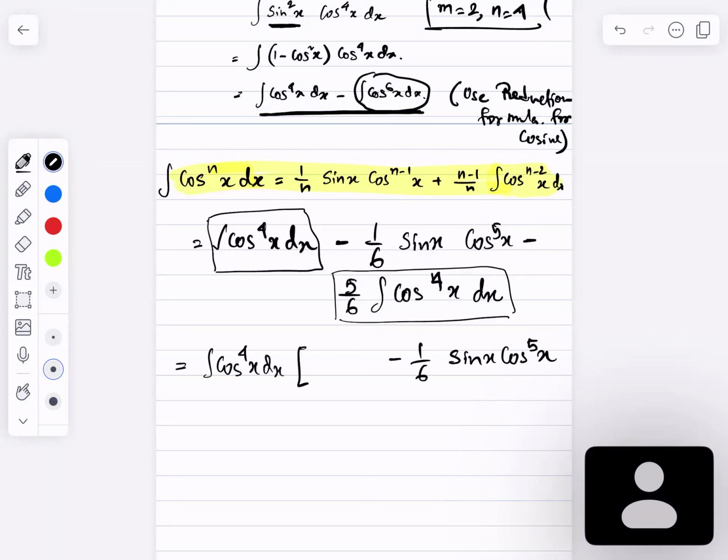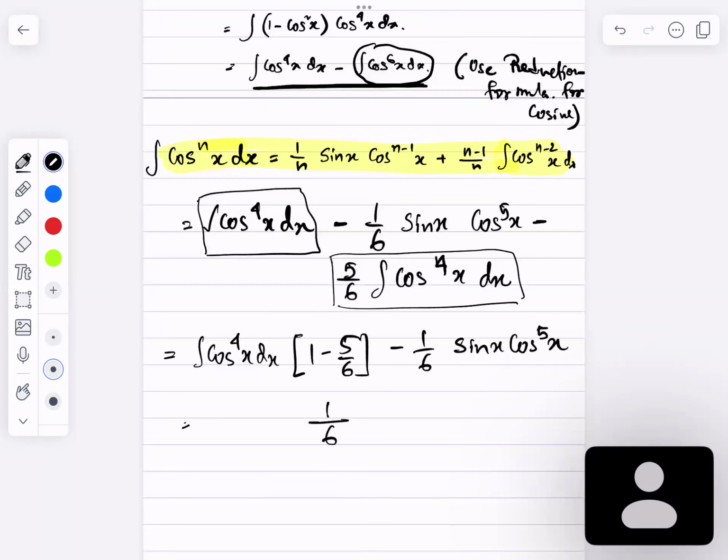Then I'll have 1 minus 5 over 6, right, which is 1 over 6. So 1 over 6 times the integration of cosine to the 4x dx, and minus 1 over 6 sine x cosine to the 5x, right? And then you have to use the reduction formula 2 more times.